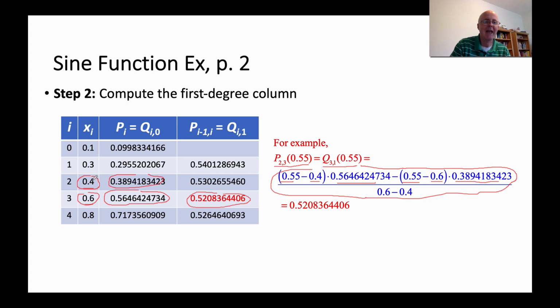You take x minus 0.4, 0.55 minus 0.4 times this thing, and then you take x minus 0.6, 0.55 minus 0.6 times this thing. You've got this cross multiplication going on, so to speak. Then divide by x3 minus x2, 0.6 minus 0.4. And you should take the time to check, pause the video, double check that this does equal this.